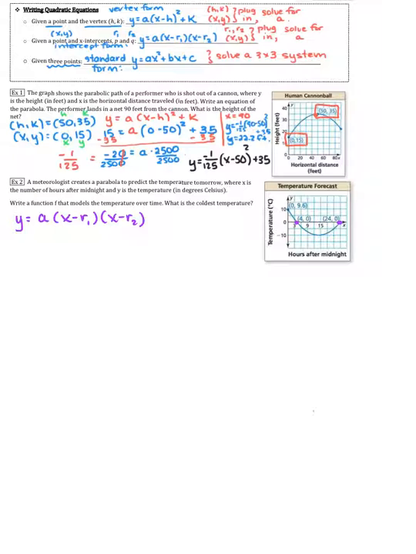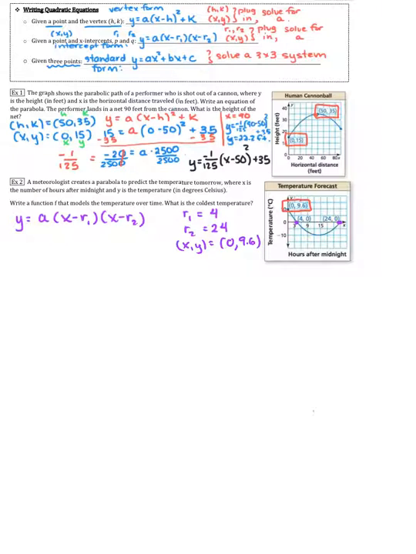So let's identify what we have. Root 1, the x-coordinate, is 4. Root 2 is going to be 24, so that's 24 hours after midnight. And then we also need another point, a particular x and y so that we can solve for A. We have a point up here, an intercept, so we know a particular xy value is 0, 9.6.